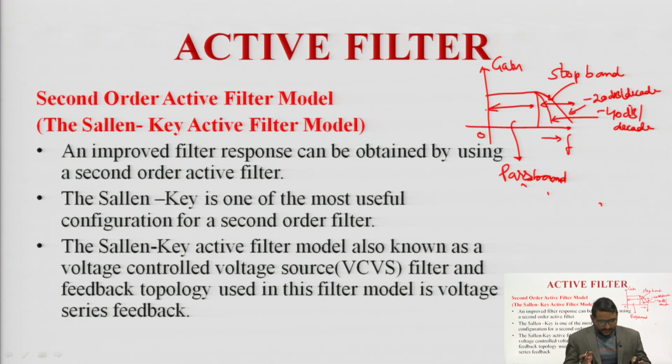If the second order Sallen-Key filter is compared with the general structure of an amplifier, then we can use the mixing as series and the sampler as a voltage sampler. So, this model is defined as voltage series feedback or a voltage controlled voltage source.